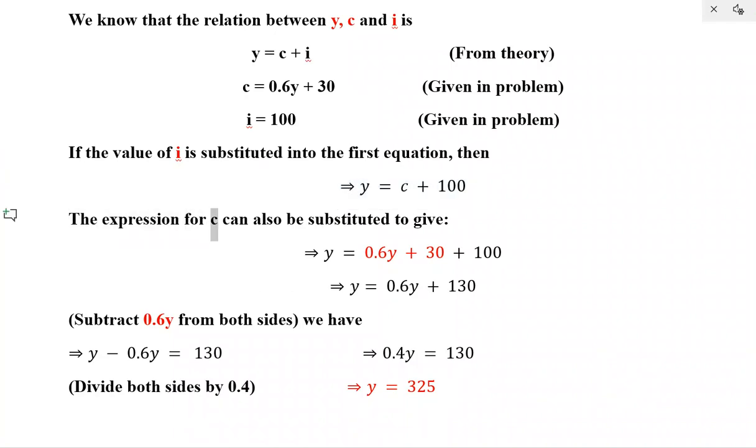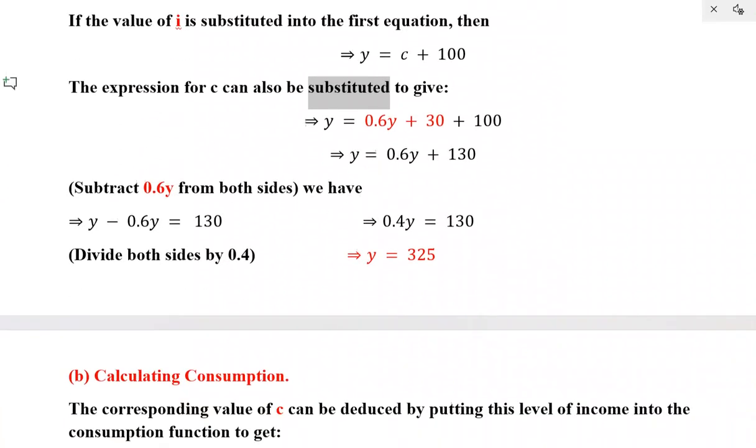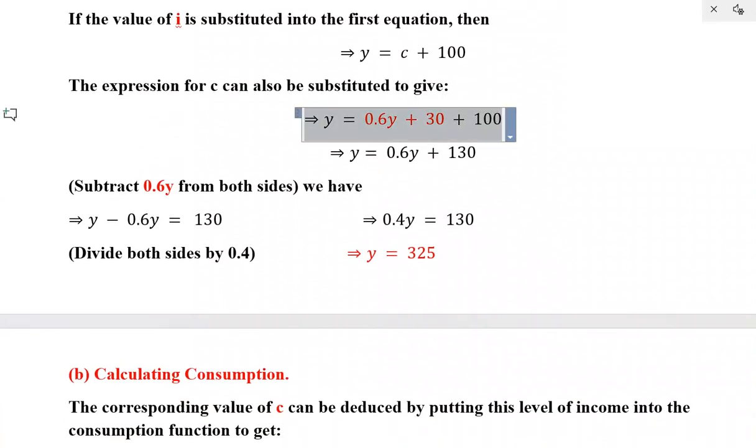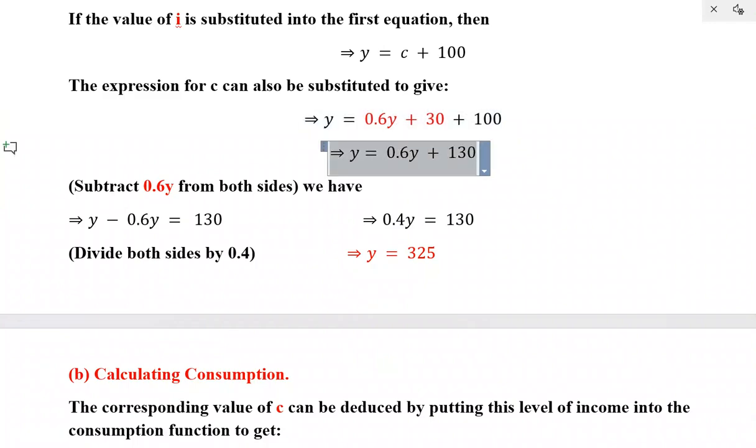The expression for C can also be substituted to give Y equals 0.6Y plus 30 plus 100, so Y equals 0.6Y plus 130.